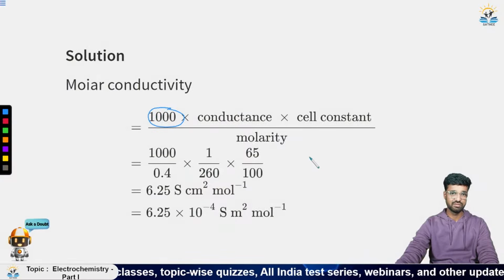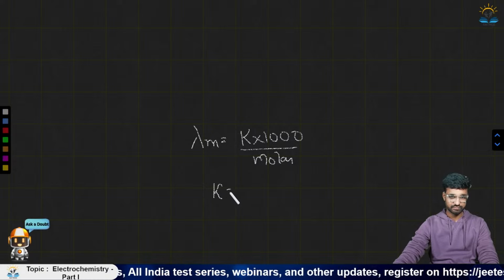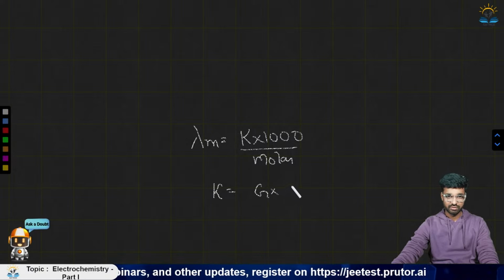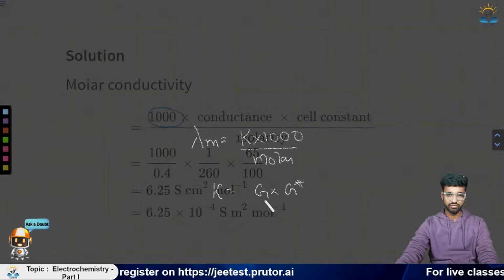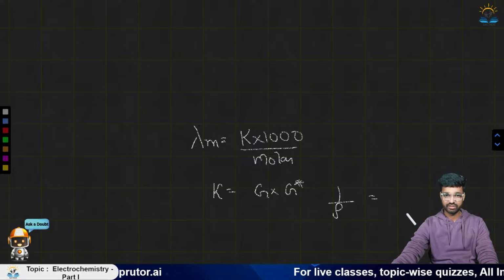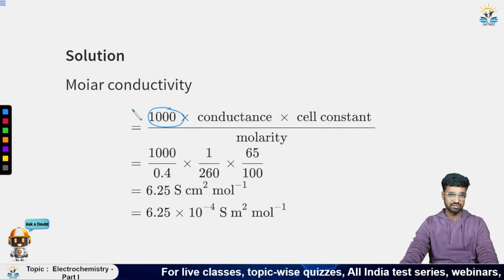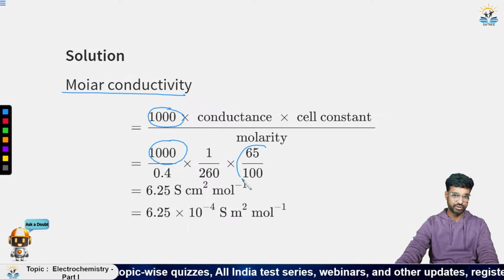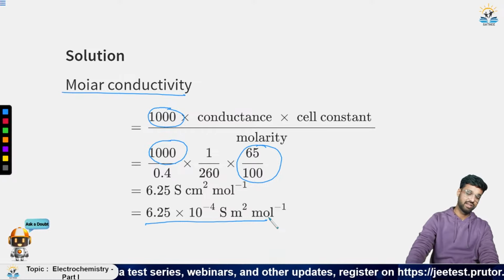Now we know that kappa is equal to conductance into G star, which is the cell constant, or you can say 1 by rho is equal to 1 by this thing. So use this formula and find the molar conductivity. We put in the cell constant we calculated, 65 by 100. So this is the final answer.